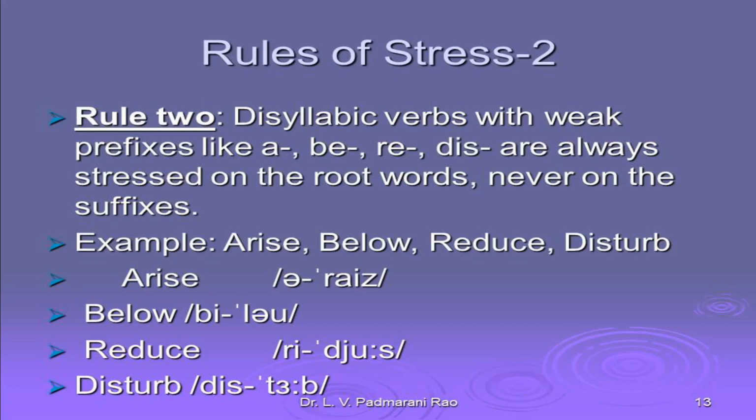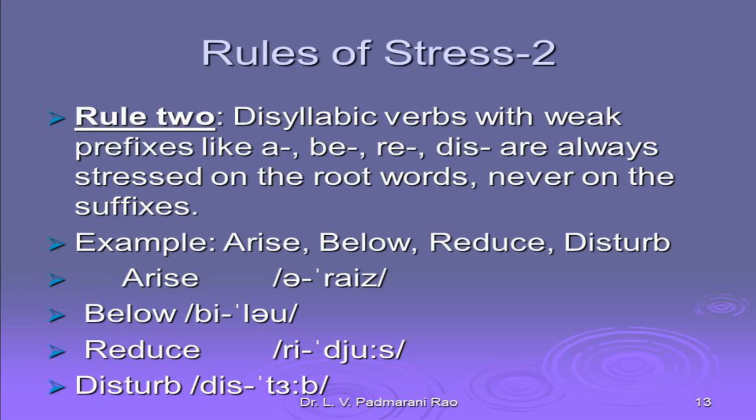Say for example, ARISE, arise, disyllabic word, right? You don't say arise in spite of the fact that it is beginning with A. The rule says that if they are beginning with the weak prefixes like A, it is starting with a weak prefix like A plus rise is arise. Obviously, the root is to be stressed and never the prefix.